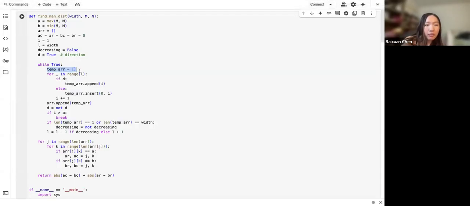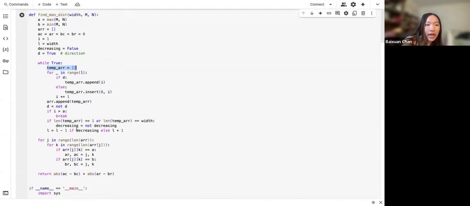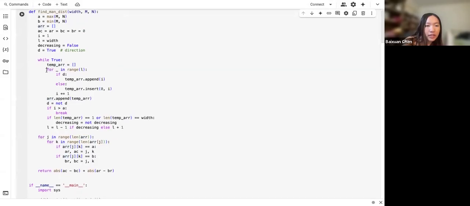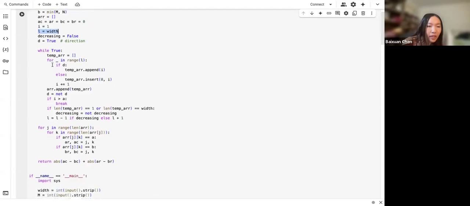So then this temporary array is just the array that we're going to be adding to the final array. So then we have for something in a range of L, and L is just how long we want to be going. So depending on which row we're on, it'll be like 5 or 4 or 3 or however long we need the array to be.